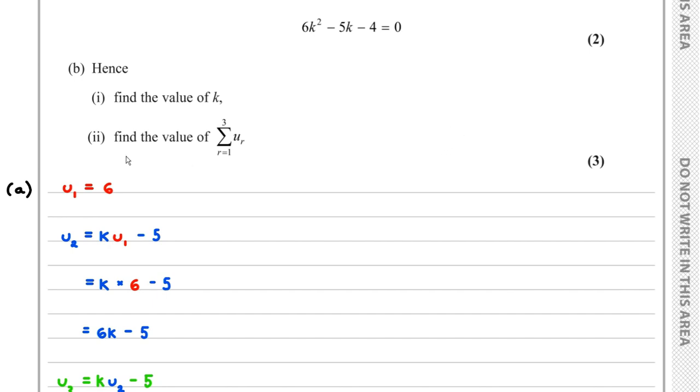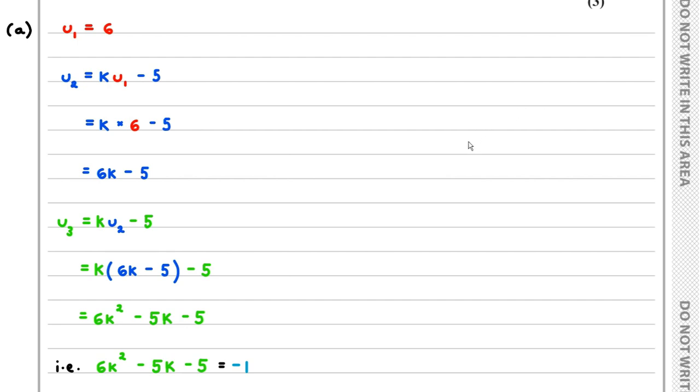For the second part of part B, find the value of the sum of u_r from r equals 1 to r equals 3. We know already what u1 is, that's 6. We know what u2 is, that's 6k subtract 5. And we know what u3 is, that's -1.